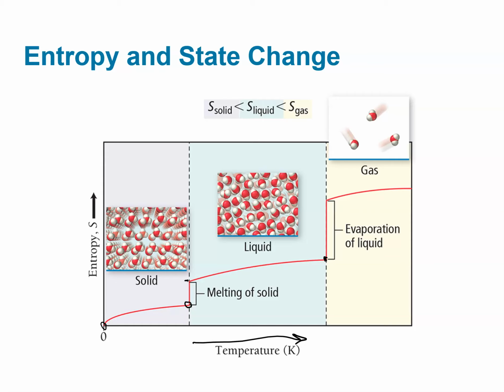But then we run into the evaporation of that liquid, and when it goes from liquid to gas, it instantly has substantially higher entropy because of it. Now, this large jump in entropy doesn't come for free. It takes a lot of energy, if you guys remember from last semester, to go from a solid to a liquid or liquid to a gas.